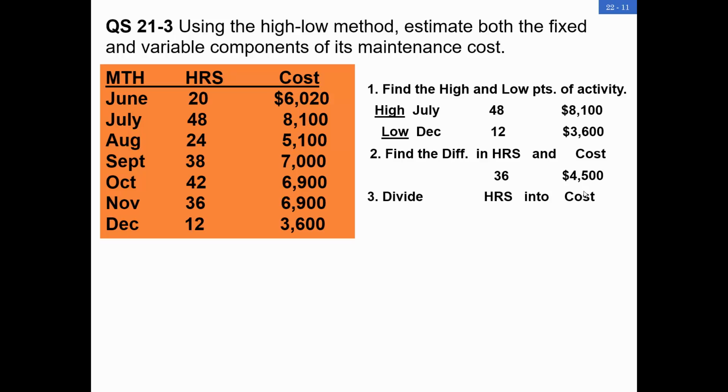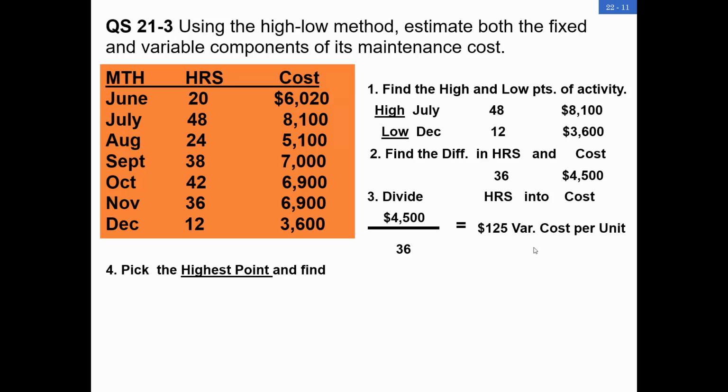Now we divide the hours into the cost, which is $4,500 divided by 36 hours, and that answer is $125. We've just separated out of this mixed cost the variable cost per unit, which is $125.